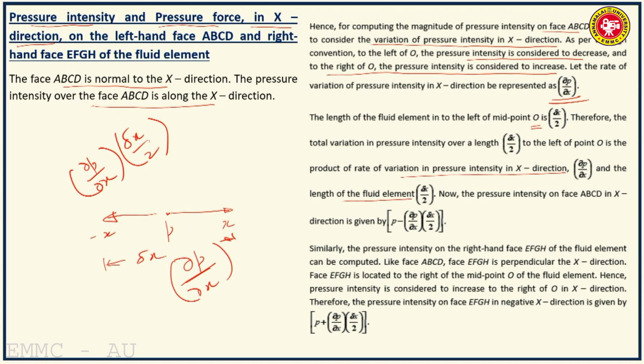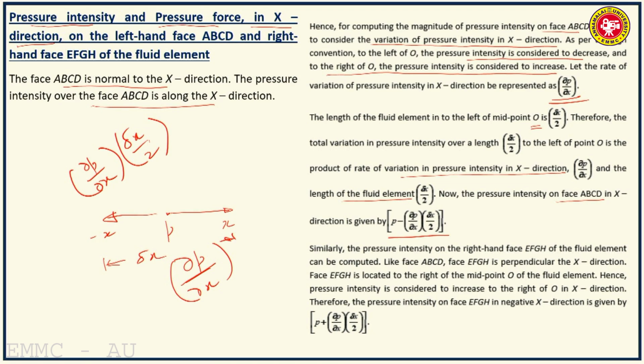Now what is the pressure intensity on face ABCD in the x direction? It is given by P minus dou P over dou x multiplied by delta x by 2. Why this minus? Because we assume that to the left of O the pressure intensity is decreasing, and to the right of O the pressure intensity is increasing.